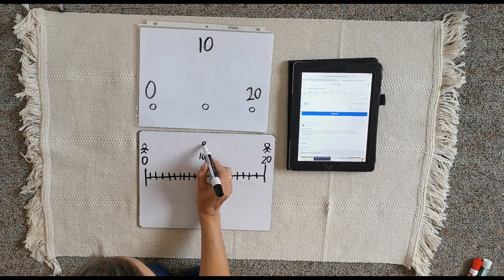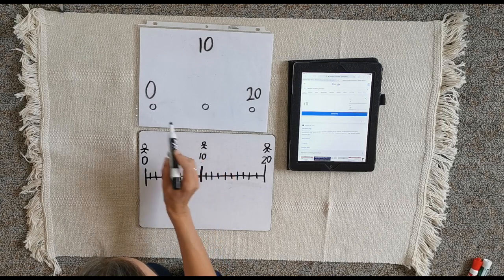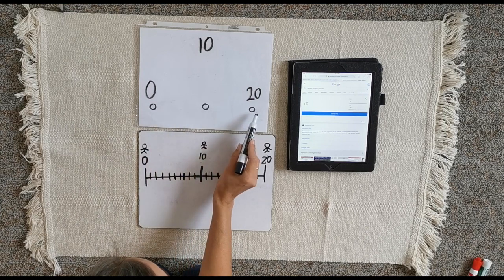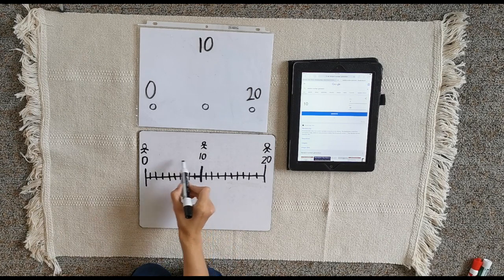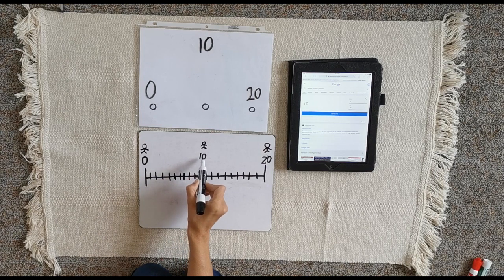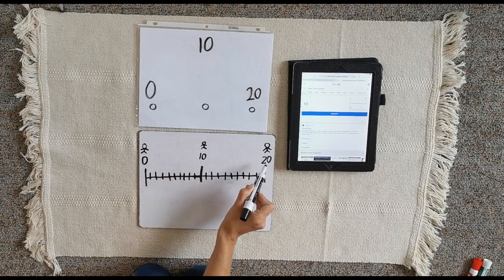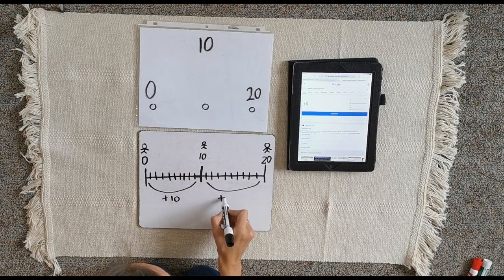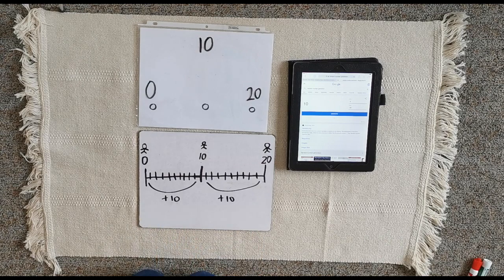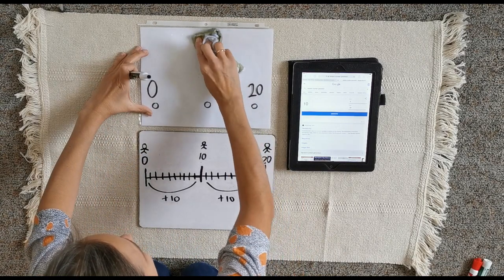So where is number 10? Is it closer to 0, closer to 20, or right in the middle? Yeah, it's right in the middle, because I have 10 numbers from 0 to 10 and another 10 from 10 to 20. I'm jumping and counting by tens, actually. 10 and 10. You see?